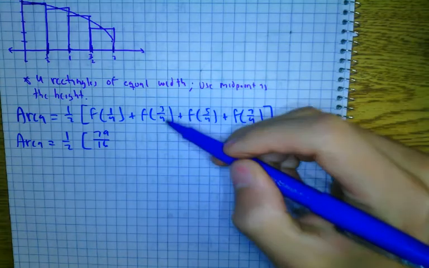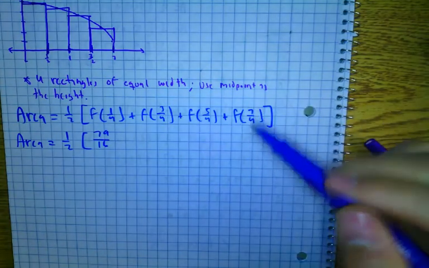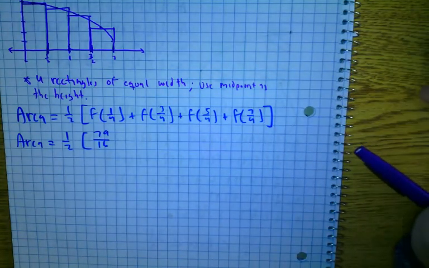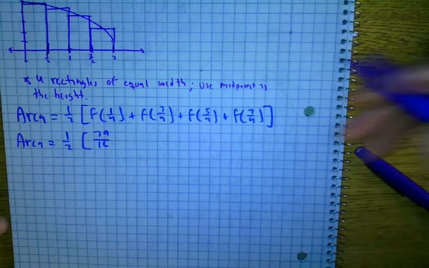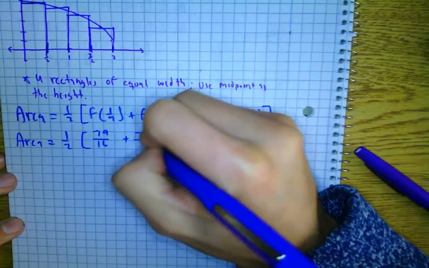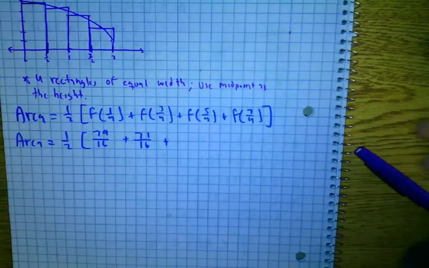Okay. 3/4 squared would be what? 9/16, right? So again, 5 is 80, right? So 80 minus 9 would be 71/16. Okay?